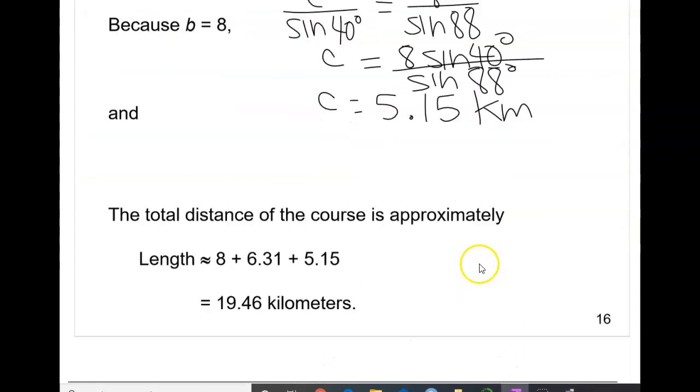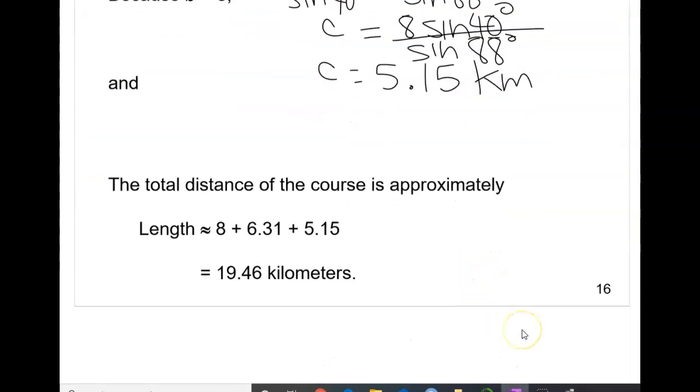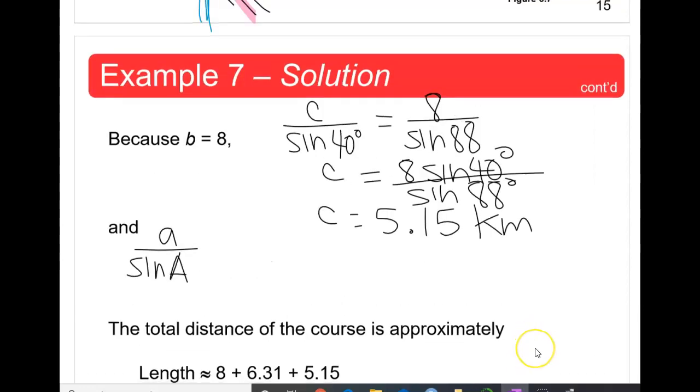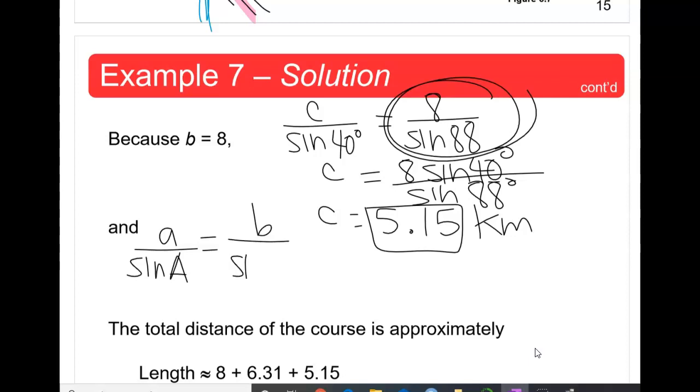So now we have one side left to find, so that will be A over sine A. And because we rounded when we found C, I would like to stick to lowercase b and uppercase B, because they're more exact. They haven't been rounded.